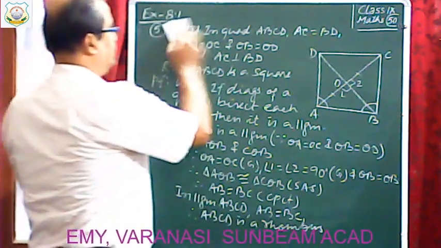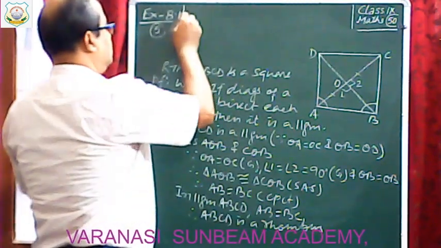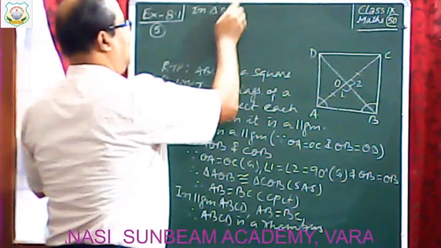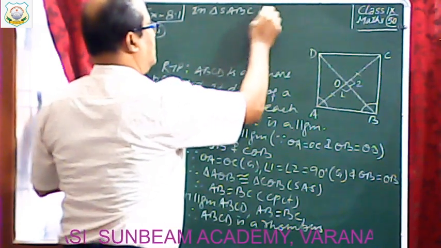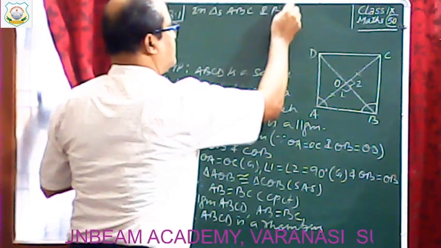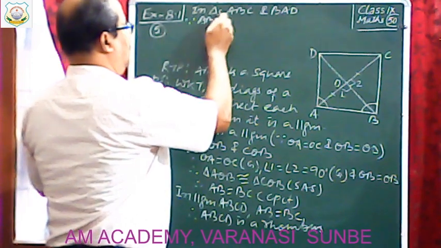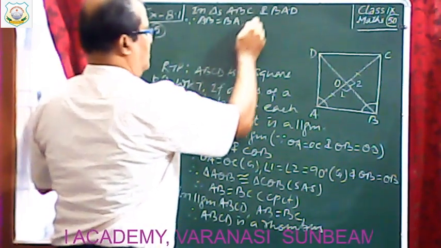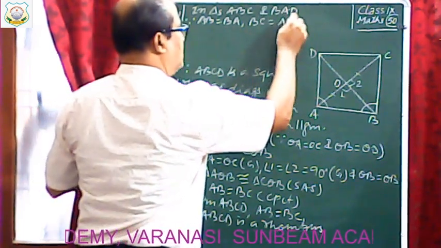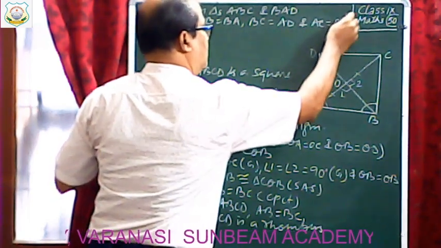Okay, let's see. In triangles ABC and BAD, since AB equal to BC equal to AD and AC equal to BD.